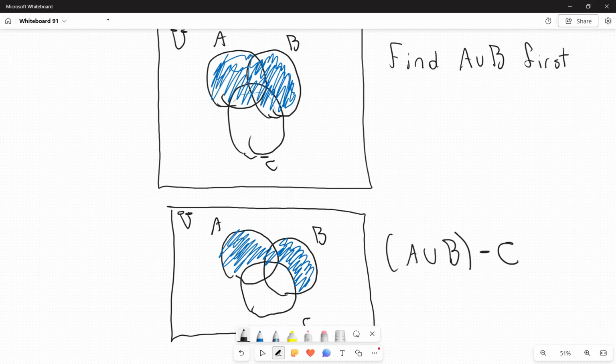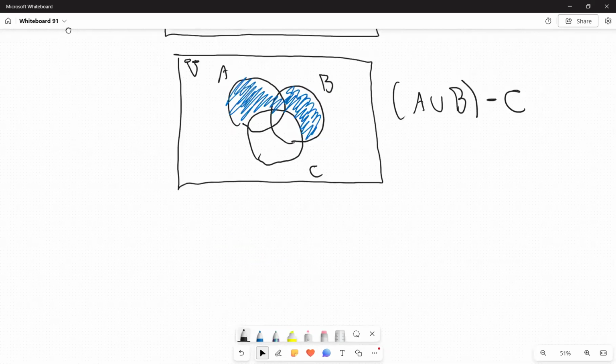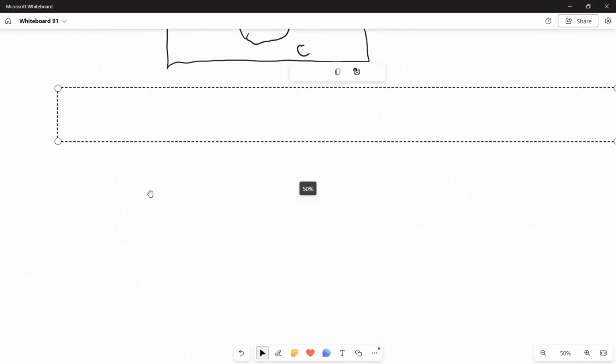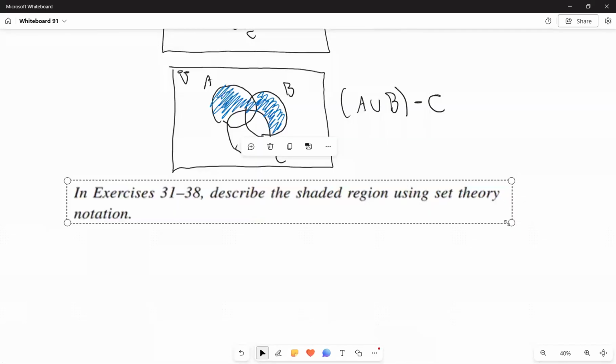So that's one example. In the other example, they are giving us the Venn diagram, and we need to use set notation to describe the region. So everything is on page 68.